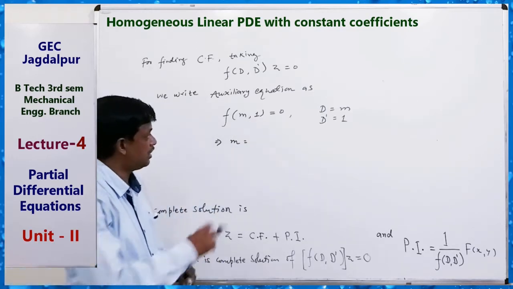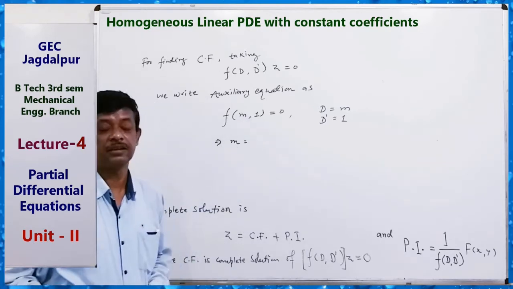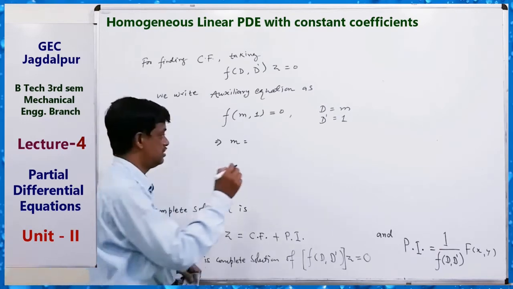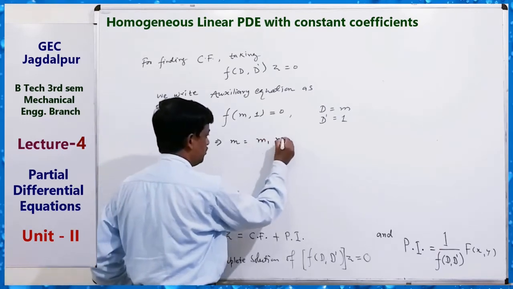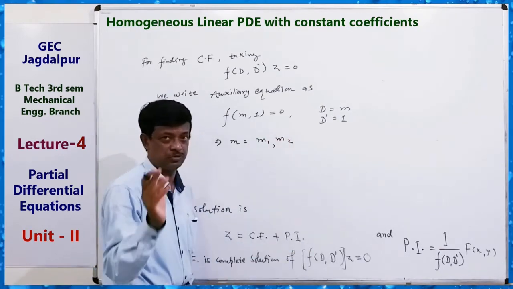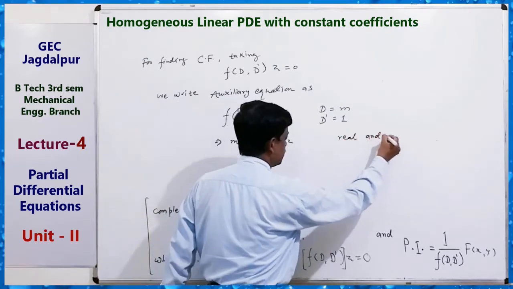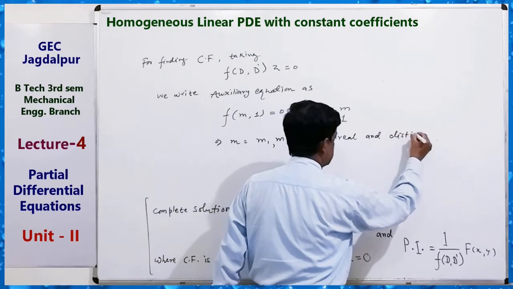Now if it has real and distinct roots, suppose m1, m2, there are two roots, real and distinct.